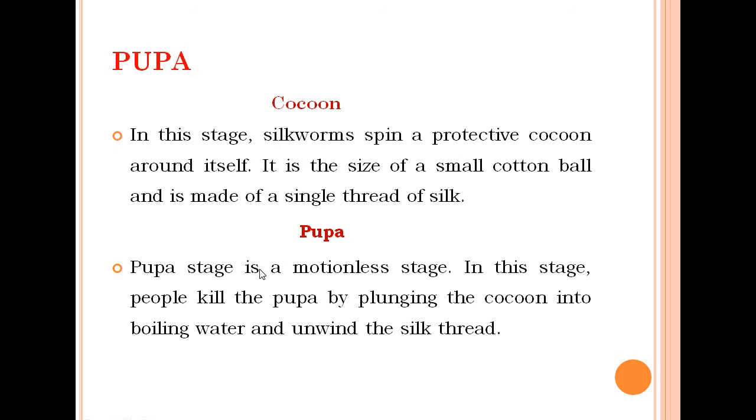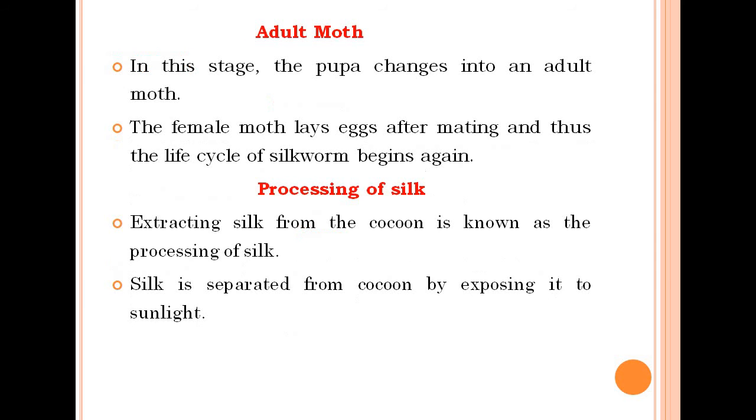In this stage, people kill the pupa by plunging the cocoon into boiling water and unwind the silk thread. The body inside the cocoon is killed, and they are able to get the silk thread wound around the pupa.